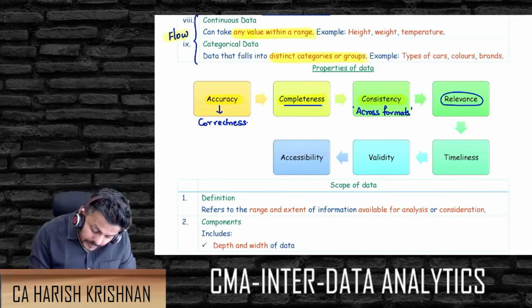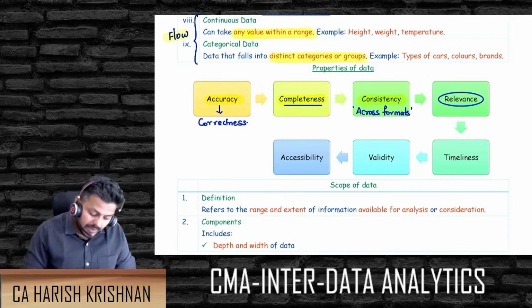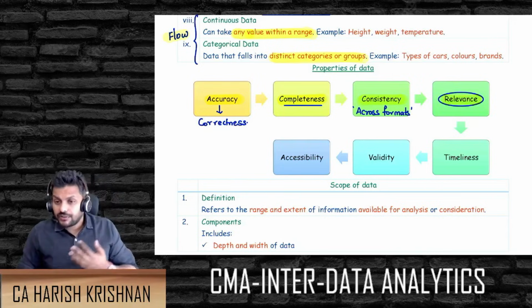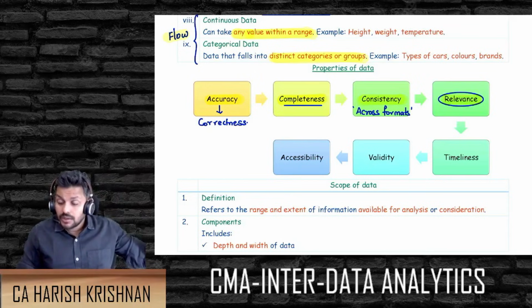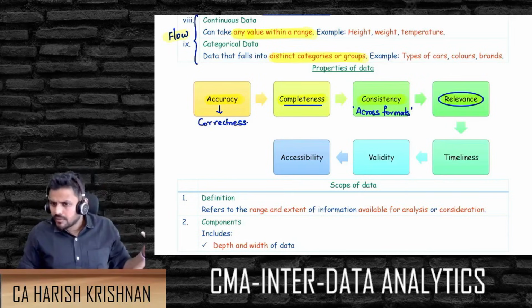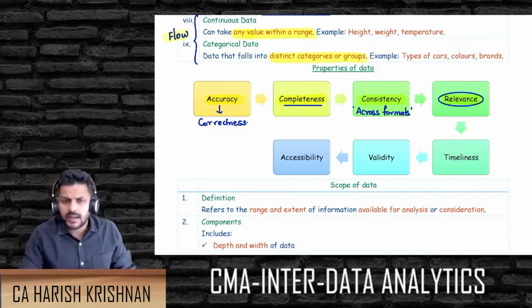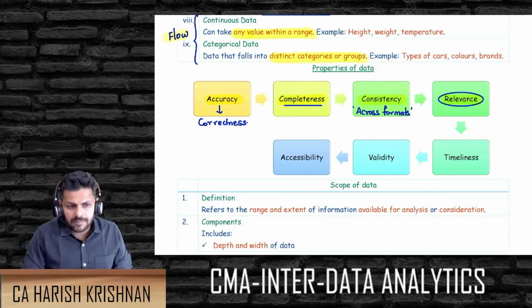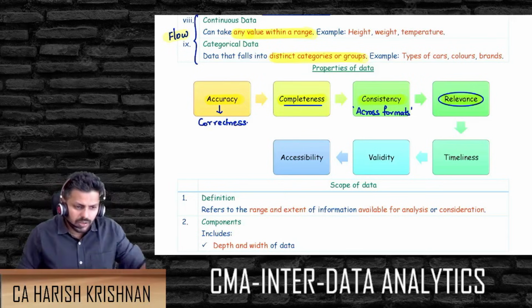Relevance. Accuracy, completeness, consistency, and now relevance. How relevant is it to us? What are we going to do? And data should not be too old. Our data should be current. Sometimes when you're doing something about the past, it is called historical data. Nothing wrong about having the past data, but it should make some sense, right? So we will talk about that also.